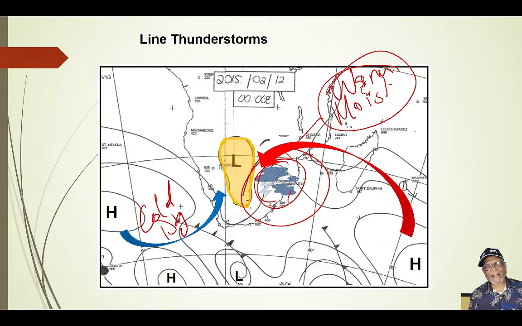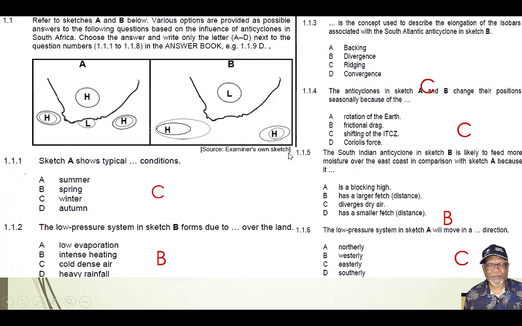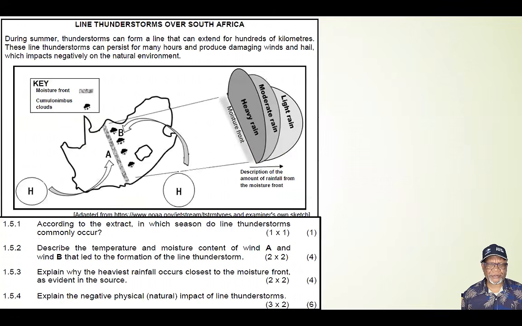So it's the same impact as those that we did when we were talking about tropical cyclones and mid-latitude cyclones. Now, here are short activity questions which you must master.